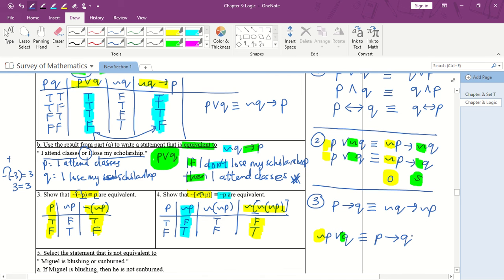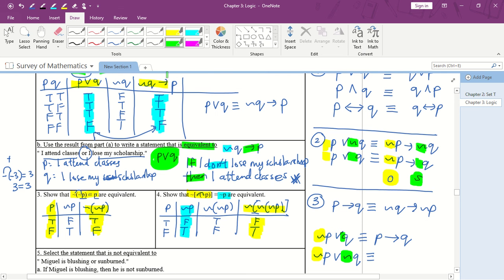So can you try to get it? Okay, let me show you one more example. If I put here negation P or negation Q, I need to find another equivalent conditional. What you need to do is just remember, in front, opposite, and in front here will be same.